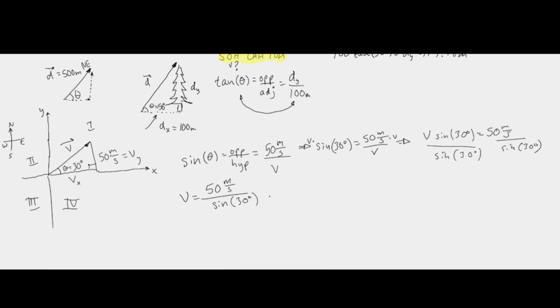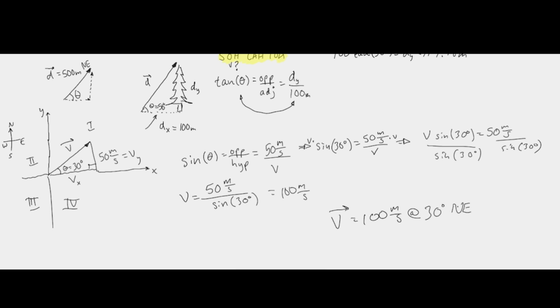That'll help with order of operation errors. And the result I get for this is 100, and we know the units are meters per second since this is a velocity. So v vector total is 100 meters per second at 30 degrees northeast.